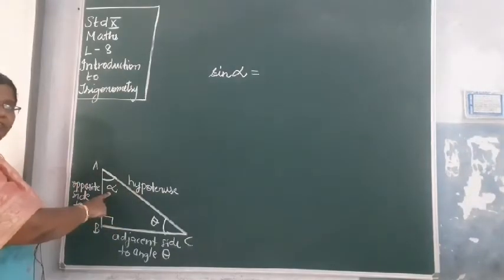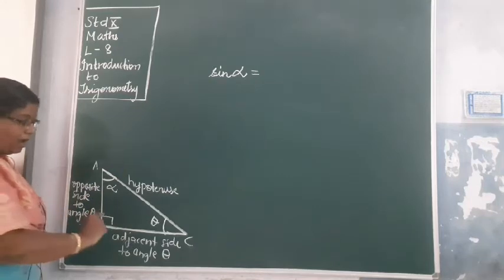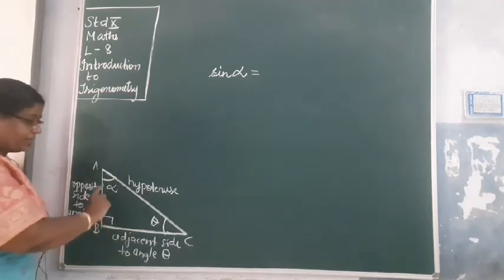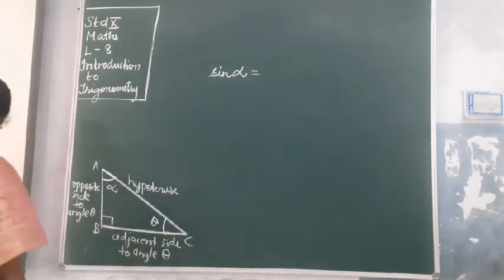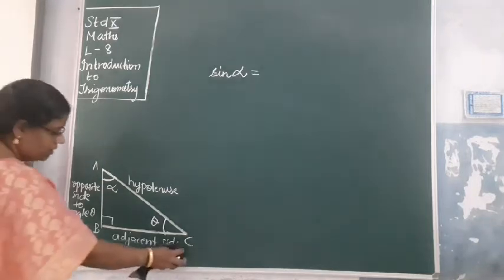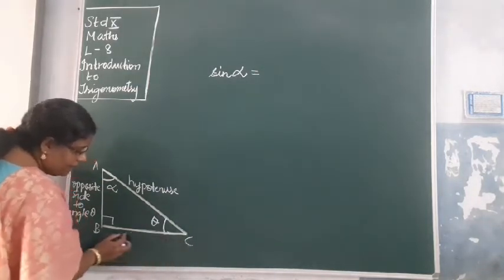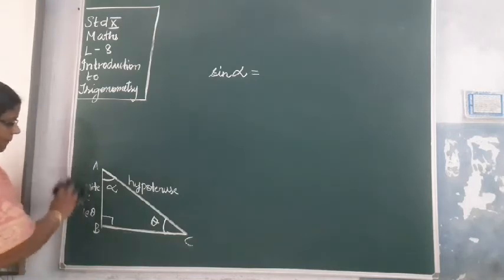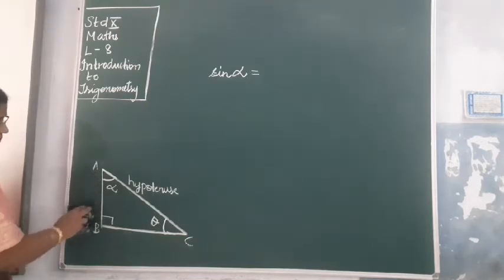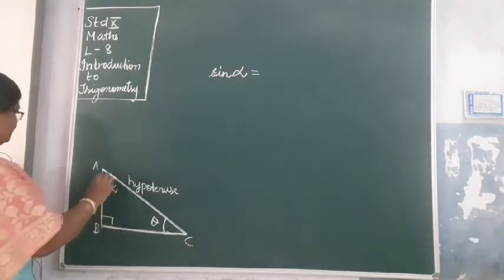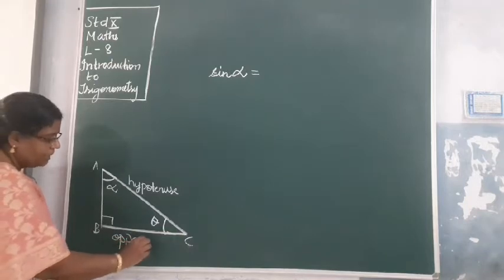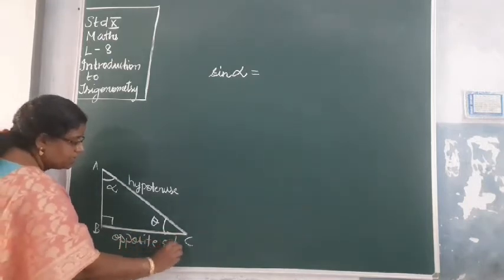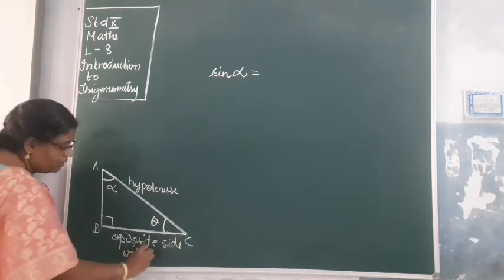First and foremost let me write sine alpha. Now with respect to alpha, which is the opposite side? With respect to alpha, the opposite side will be BC.